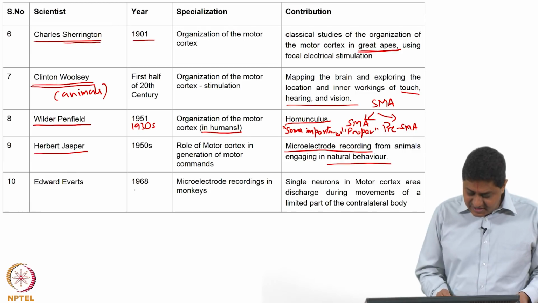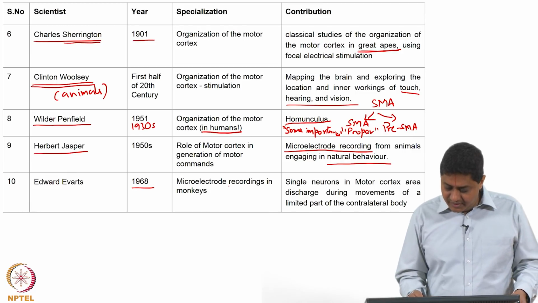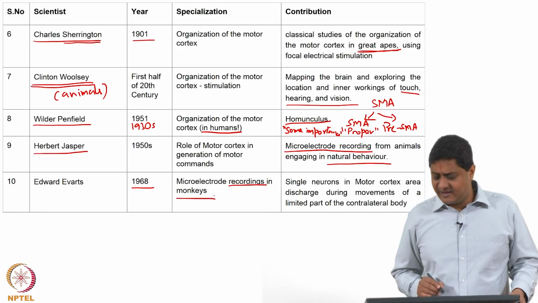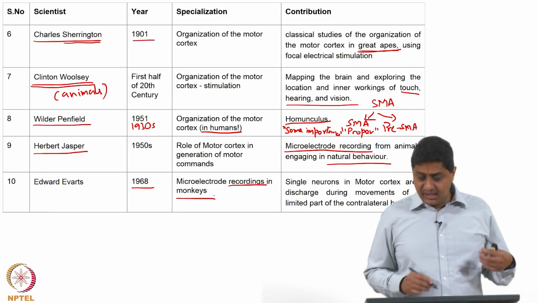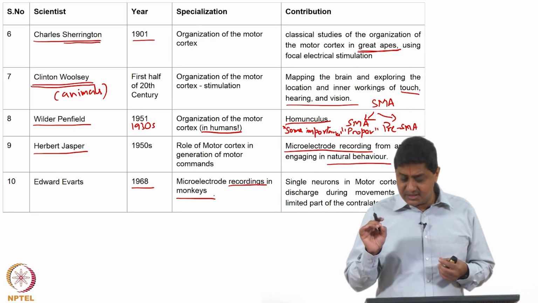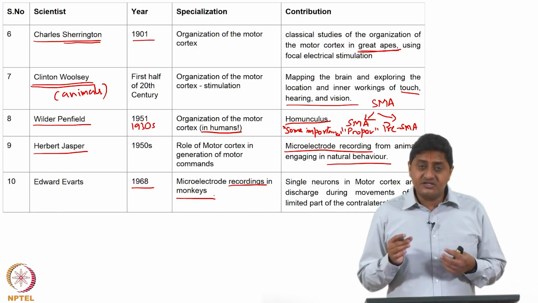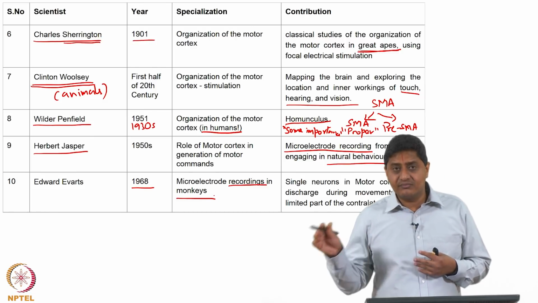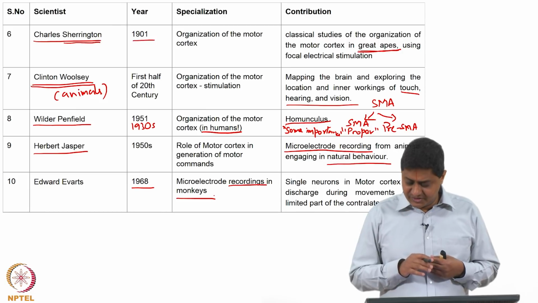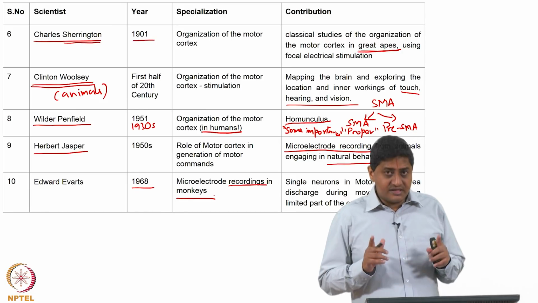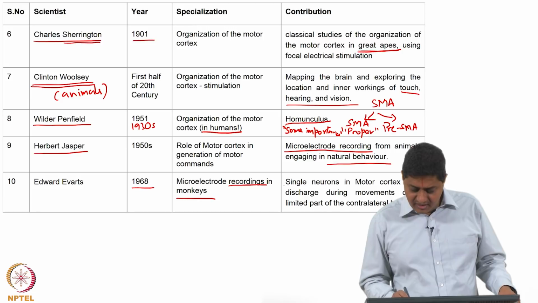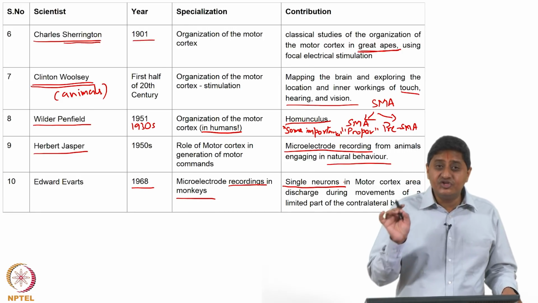Then in the 1960s, Evarts recorded from live behaving monkeys and he suggested that single neurons in motor cortex discharge during movements of the contralateral part of the body. So, once again let us remember this is data from individual neurons.